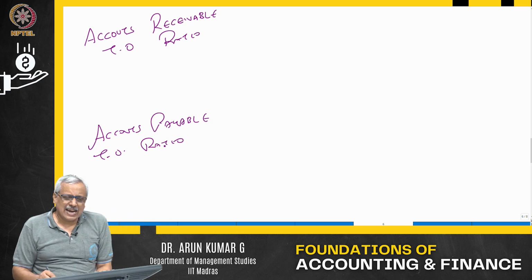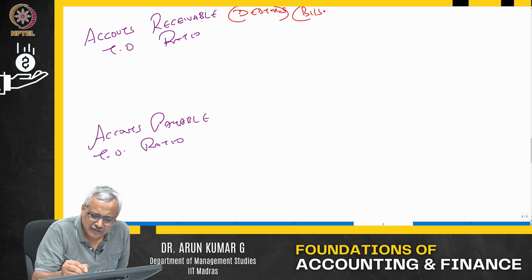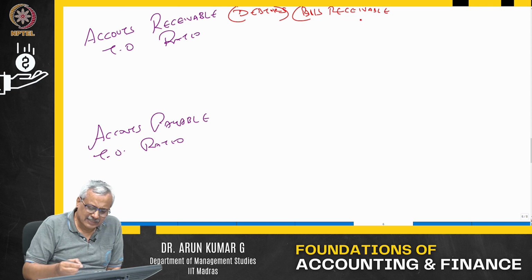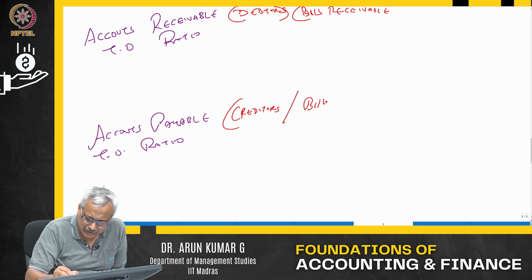Please note, when I say accounts receivable here, it means and includes debtors, it means and includes bills receivable. In the payable case, it means and includes creditors, it means and includes bills payable.